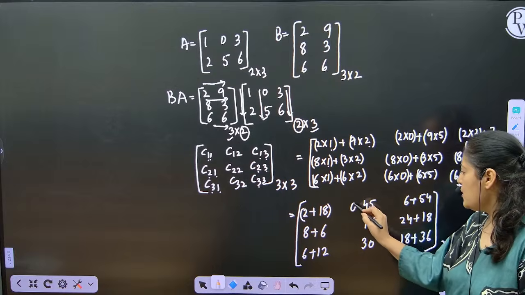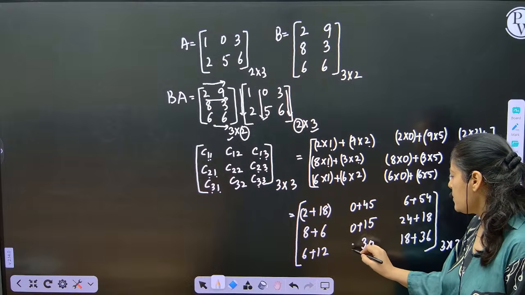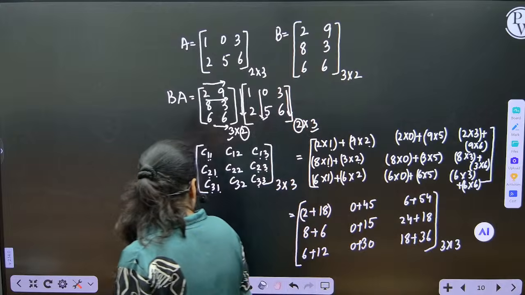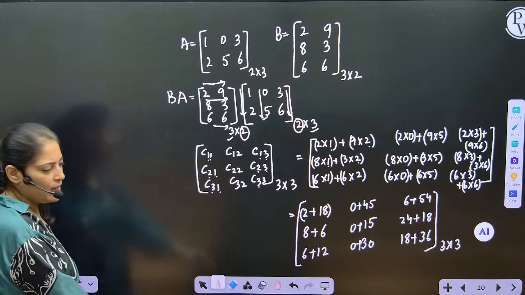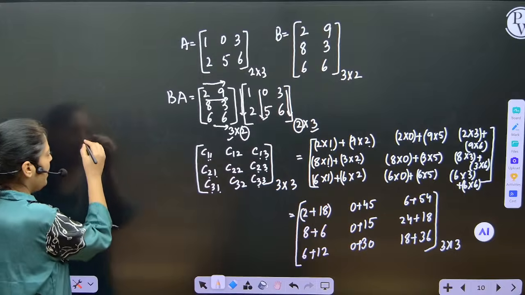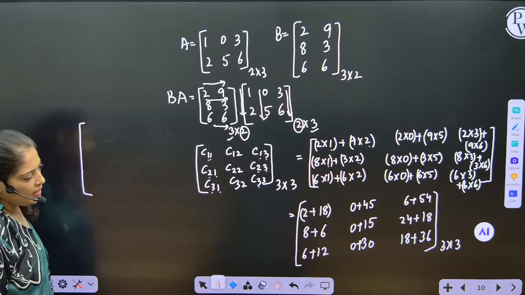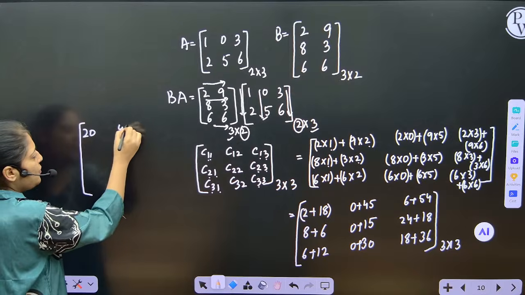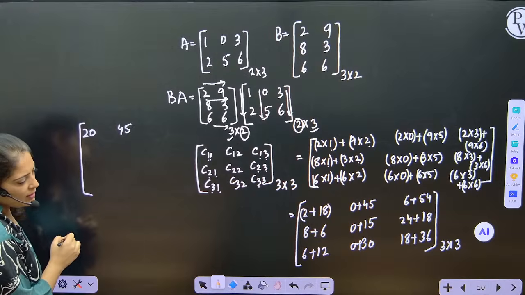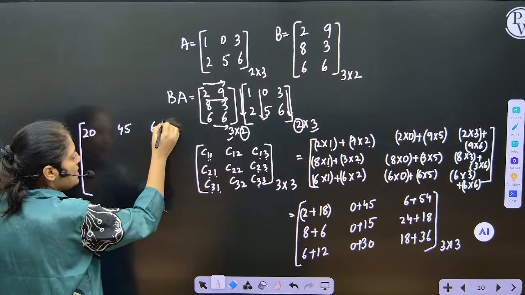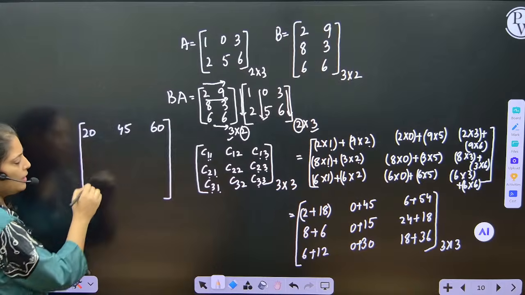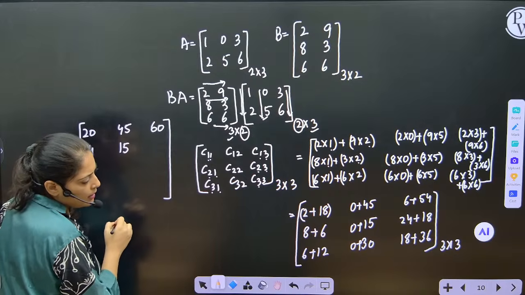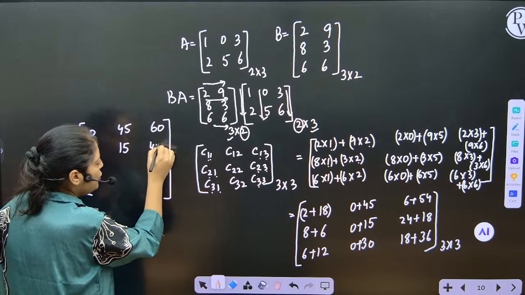If you want to add 0 plus, you can write it here. No issues. But anyhow, the answer will come out of that only. That's why I do it that way, instead of using the next page because of the calculation here, so I am writing on the left side. 2 plus 18, 20. 0 plus 45, 45. 54 plus 6, 60. 14, 15, and then it will come out to be 42.